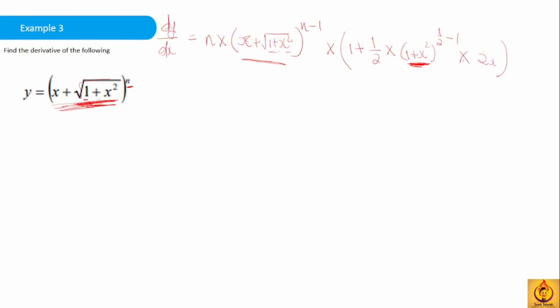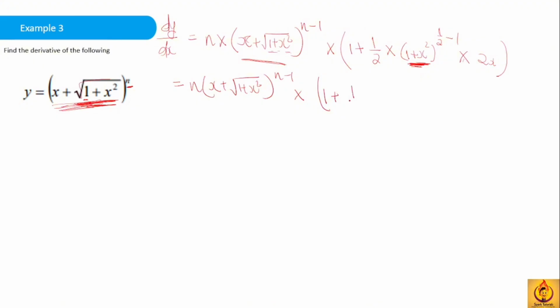So if I'm removing it, let me take my thing up. We're going to put this as it is. We're going to bring it down, n minus 1, multiplied by. And then here, the 1 is going to stay as 1. We're going to bring it down as 1.